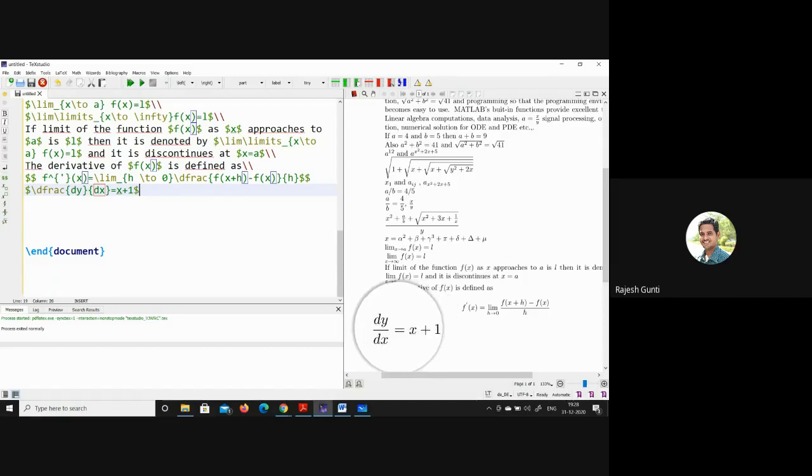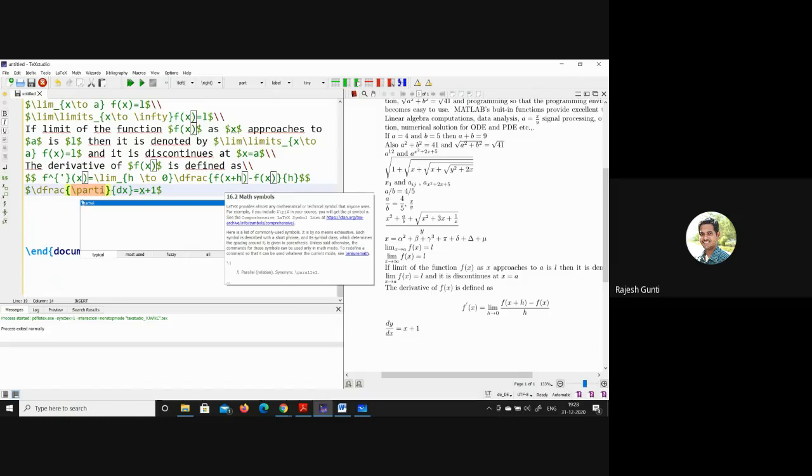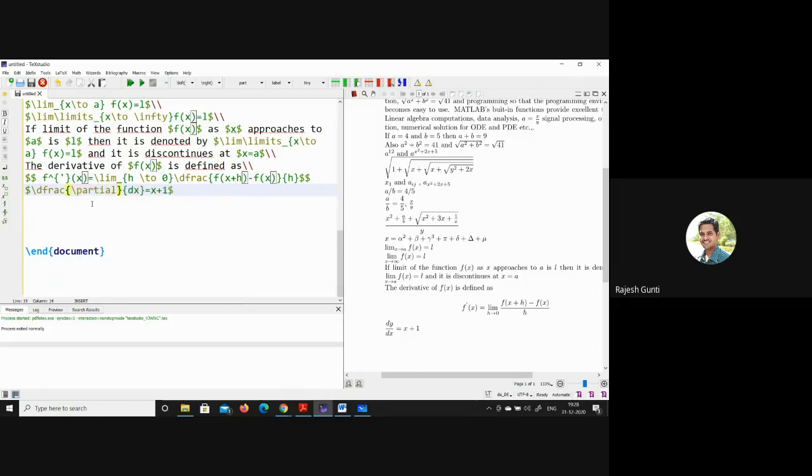Suppose I want to bring it as a partial derivative. So dfrac partial. Here what I have to type is dfrac is common, partial f. We have to backslash partial here. Partial dou f by dou x.